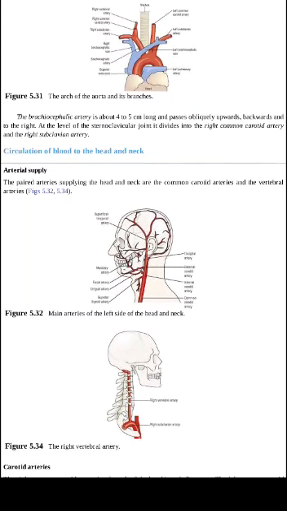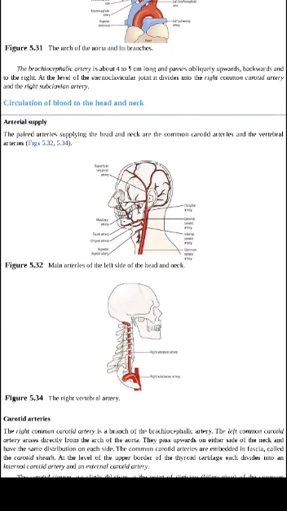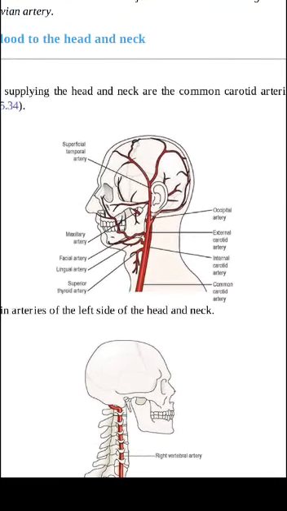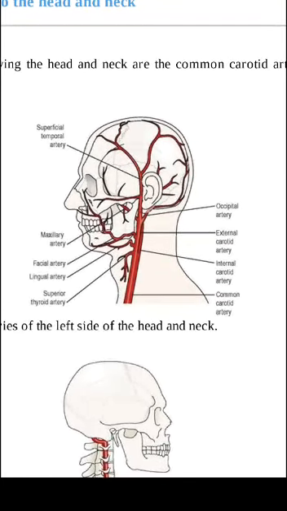Okay, circulation of blood to the head and neck. Now we will study these 2 diagrams and we will be done for today. The paired arteries supplying the head and neck are the common carotid artery and the vertebral arteries. You can see on the right side there is a superficial temporal artery which is supplying the temporal area.